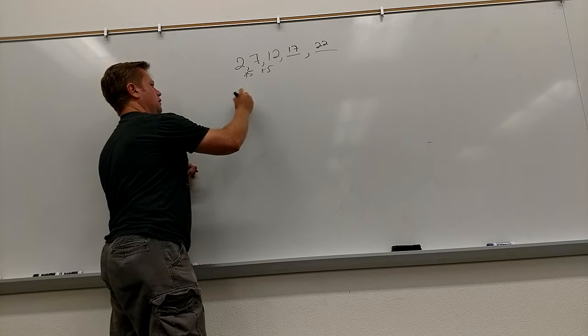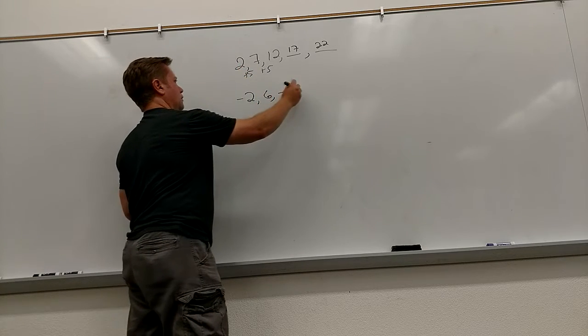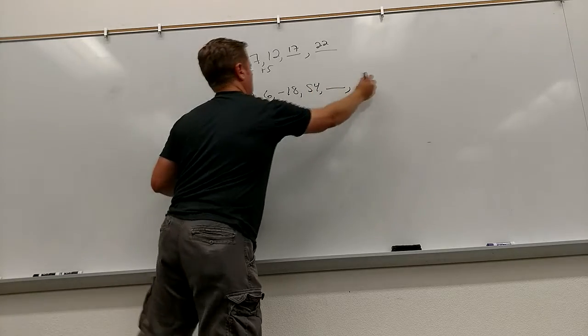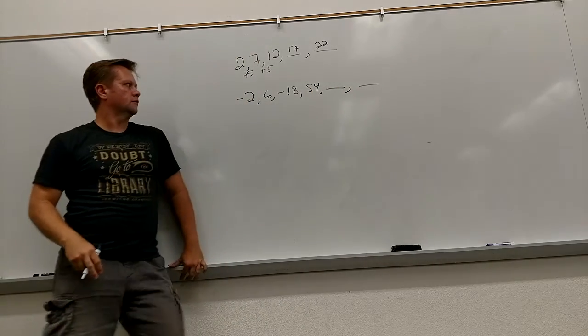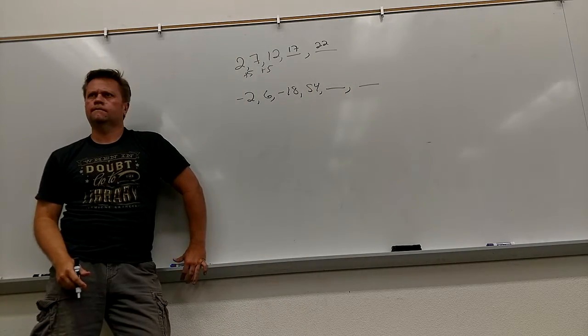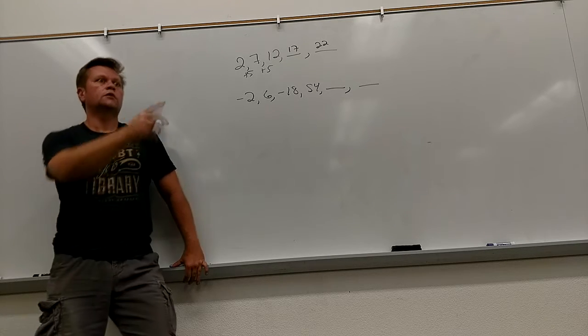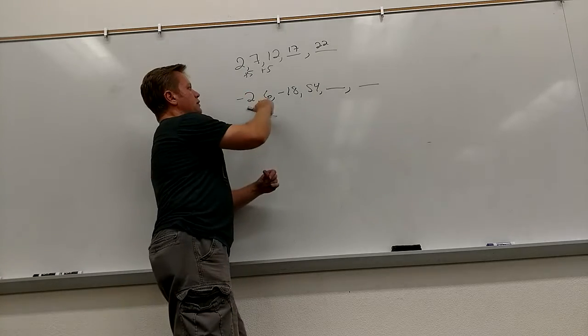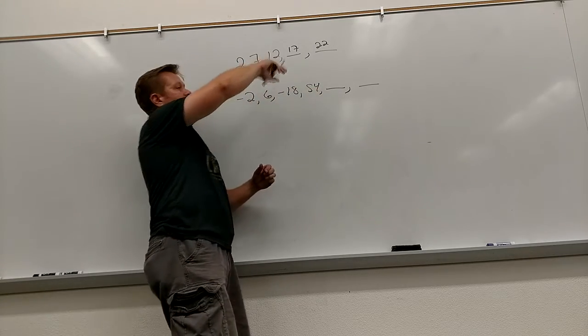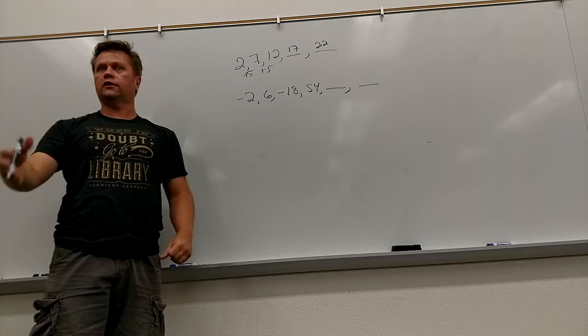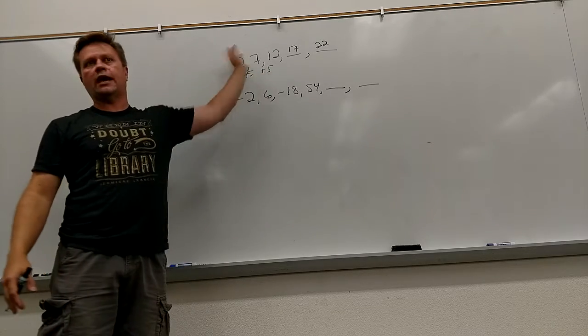So what about this one here? Good. So this is obviously not adding or subtracting the same thing over and over again. This was a really easy one, just added 5 forever.